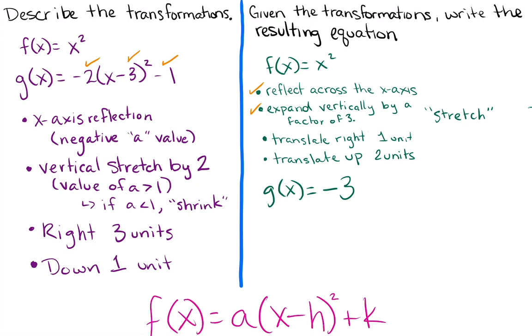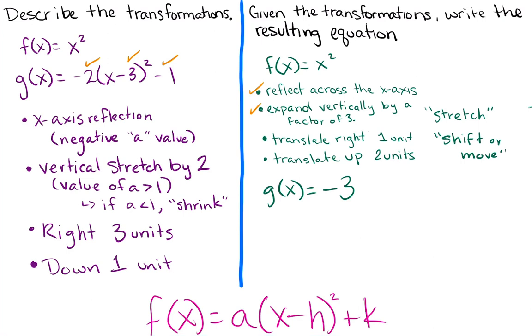The next transformation is to translate right. Okay? That's synonymous with shifting or moving. Shift or move. And so the question is, which letter in the equation moves us left and right?